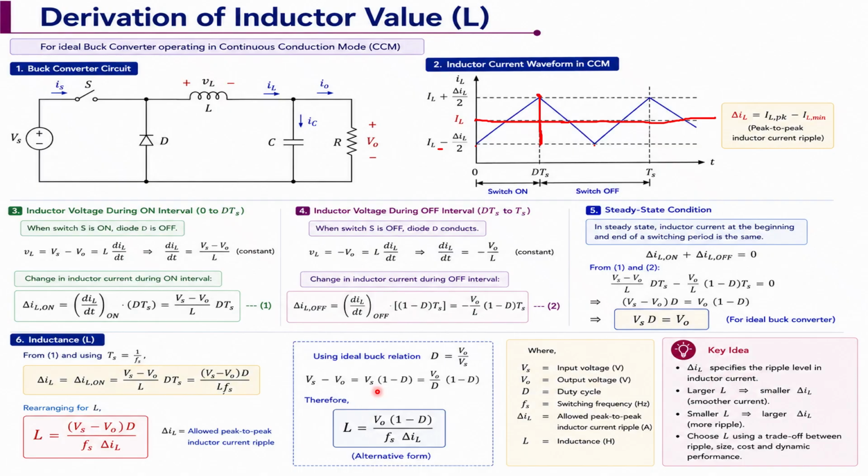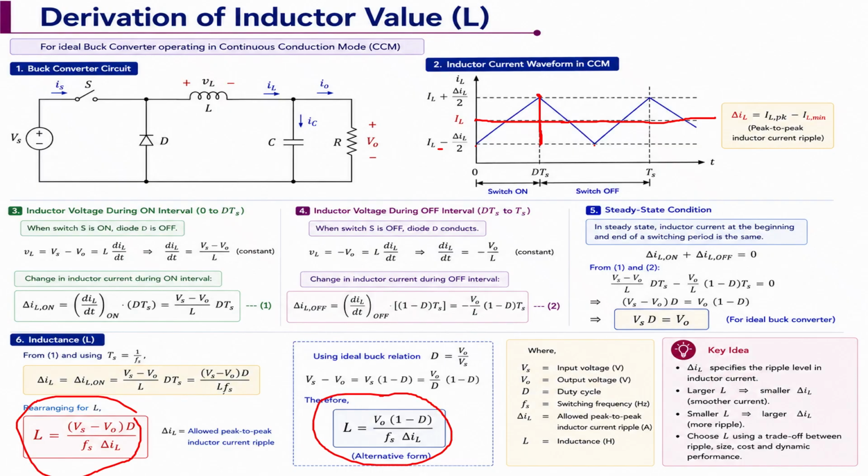So when you rearrange this, we will get V naught upon D into 1 minus D. So now when you rearrange this, we can get L is equal to V naught into 1 minus D divided by Fs into delta IL.